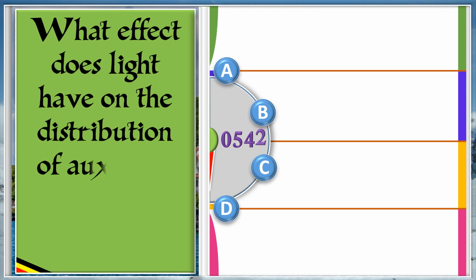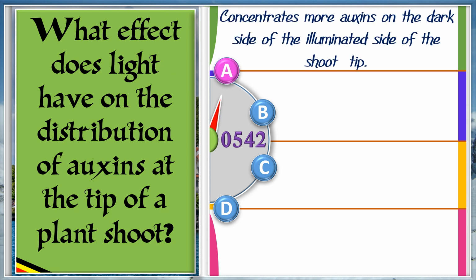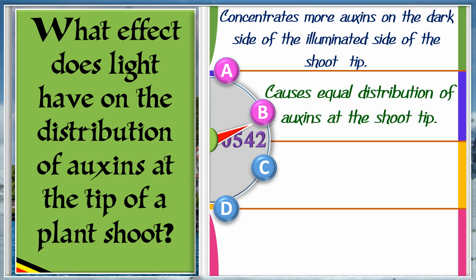What effect does light have on the distribution of oxygen at the tip of the plant shoot? A. Concentrates more oxygen on the dark side of the illuminated side of the shoot tip. B. Causes equal distribution of oxygens at the shoot tip.